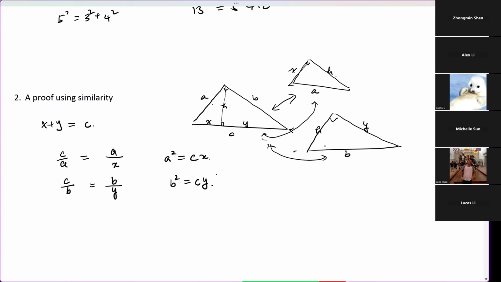And then you find out A squared plus B squared equals CX plus CY, and they have a common factor, X plus Y. And X plus Y is nothing but C, which we already know. So that's C squared. So A squared plus B squared equals C squared. We used the similarity of triangles, so we accept this.